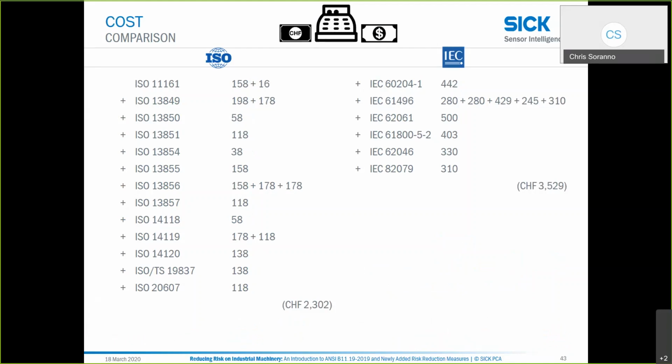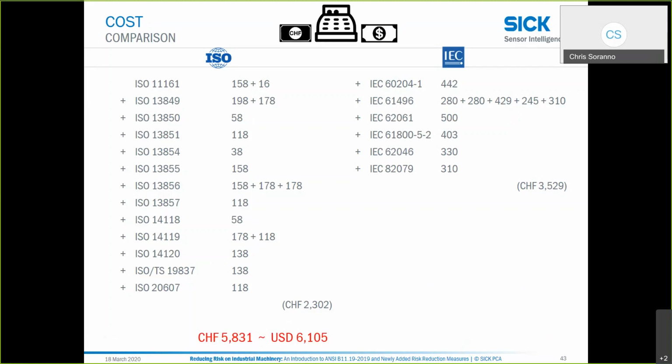Also looking at it from just a simple market barrier standpoint of cost, to actually go and obtain all of those standards, the cost of that when converting the Swiss franc cost to US dollars is over $6,000. Not that everyone would need every single one of these standards, keeping in mind that these standards in the international approach are really meant for suppliers and integrators only.